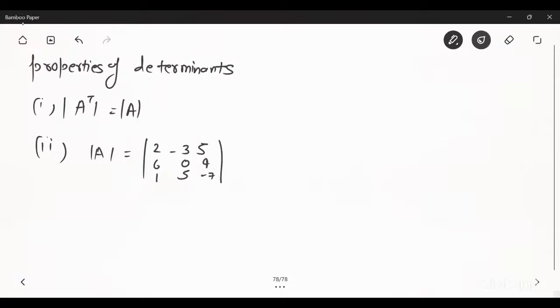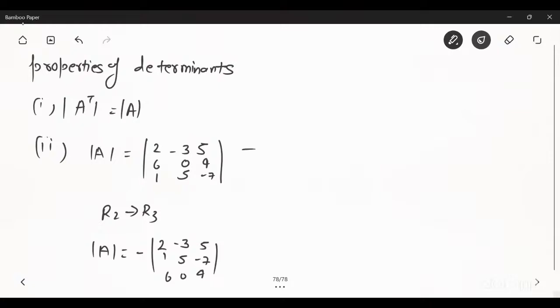Now, if I interchange two rows, R2 and R3, then a minus sign will come outside the determinant. If any two rows or columns are interchanged, we get 2, 1, minus 3, minus 3, 5, 5, minus 7, 6, 0, 4, then a minus sign comes outside.